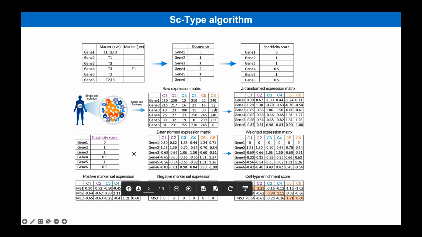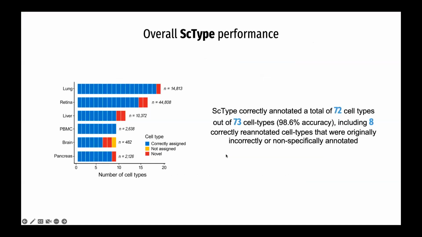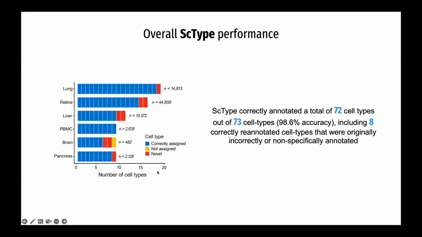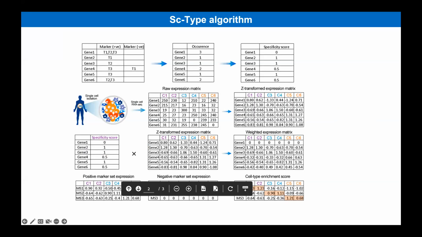So does MS1 represent T1? T1, T2, and T3. MS1 represents T1. Yes. So I think the positive marker MS1 should be the sum of gene 1 and gene 2, or the average. Gene 1 and gene 2, and then minus gene 4.